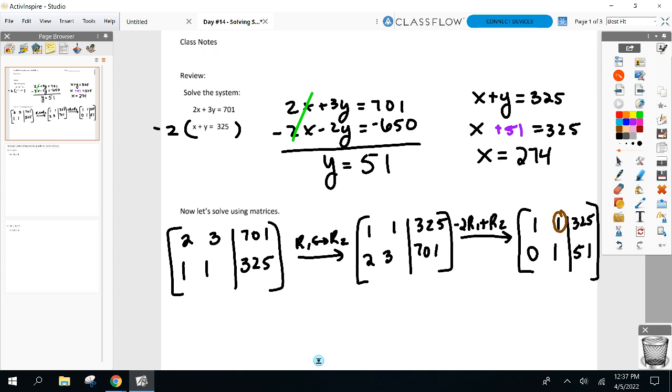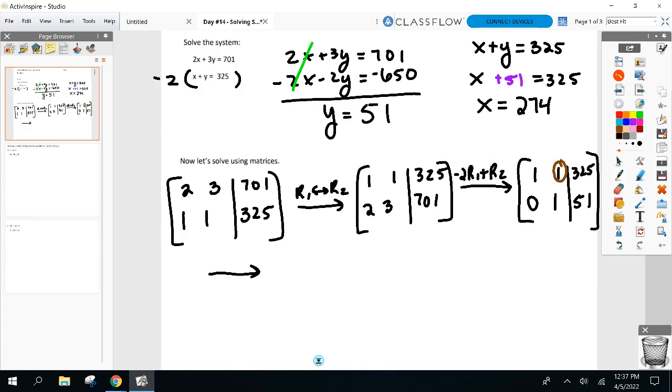So it's -1 row 2 plus row 1. Correct. But isn't that going to make the first one -1? No, watch. -1 times row 2 plus row 1.